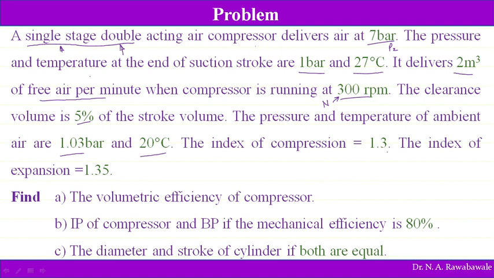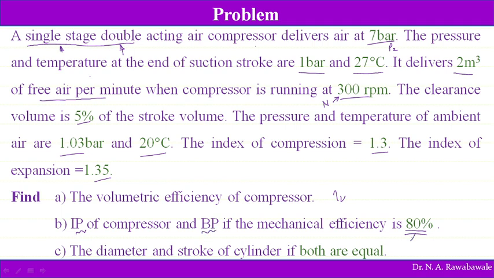The index of compression is 1.3 and the index of expansion is 1.35. Find the volumetric efficiency of the compressor, and indicated power and brake power if mechanical efficiency is 80%. So we have to find out indicated power and brake power of the compressor.